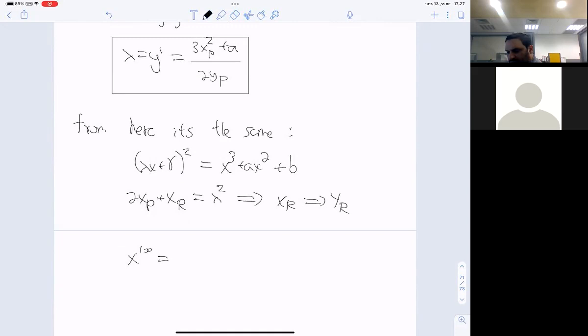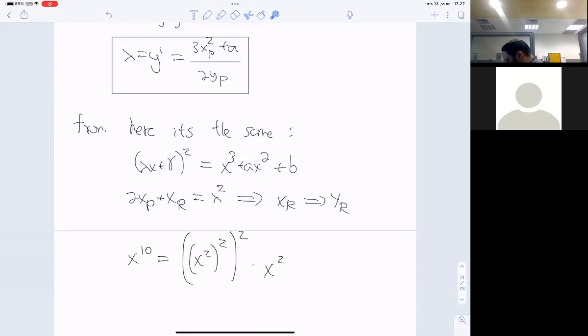Tomer will talk about it. For example, let us take a simple example. If you want to compute x to the 10, you do x squared, and then you square it.